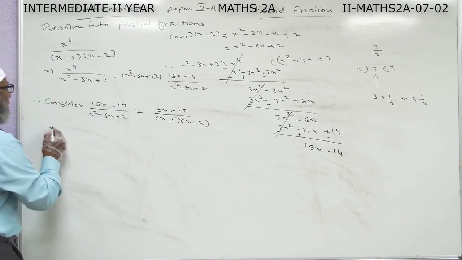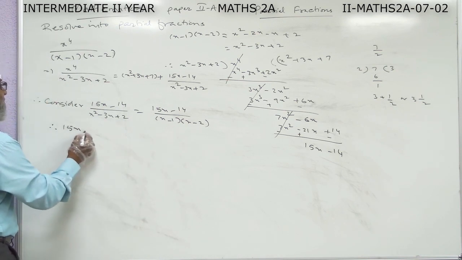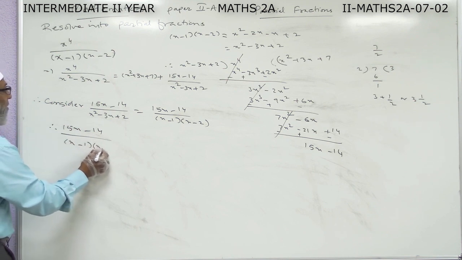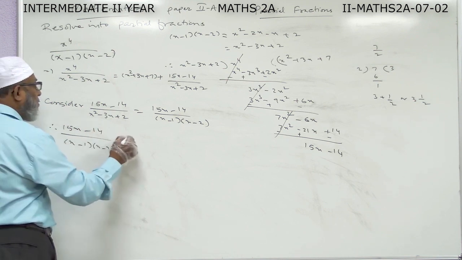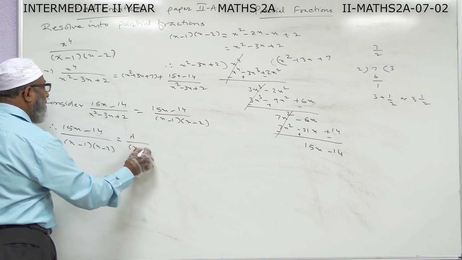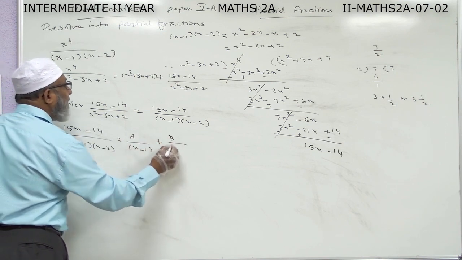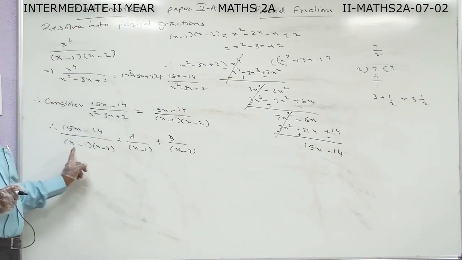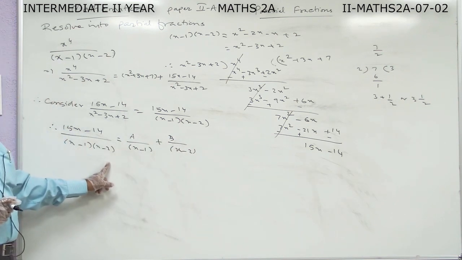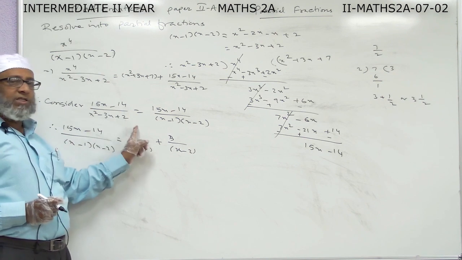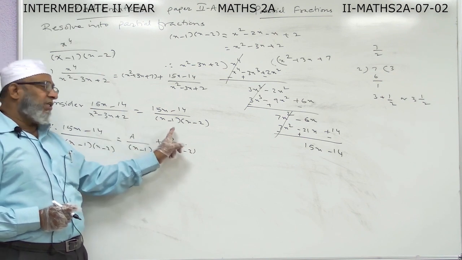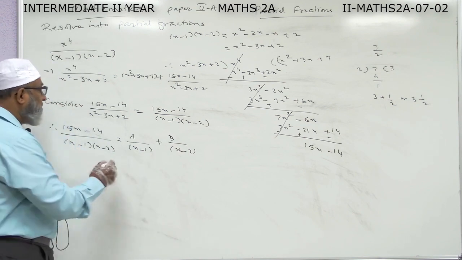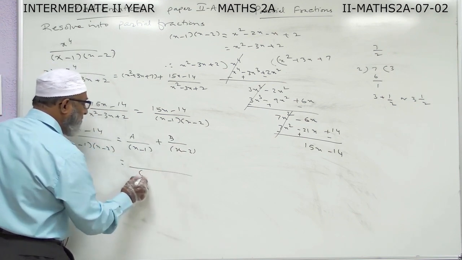Therefore, (15x minus 14) divided by (x minus 1) into (x minus 2) is equal to a by (x minus 1) plus b by (x minus 2). Isn't it? This is a linear factor, and this is also a linear factor. For the first linear factor, I have taken the substitution a by x minus 1. For the second linear factor, the substitution will be b by x minus 2. On taking LCM, what happened?